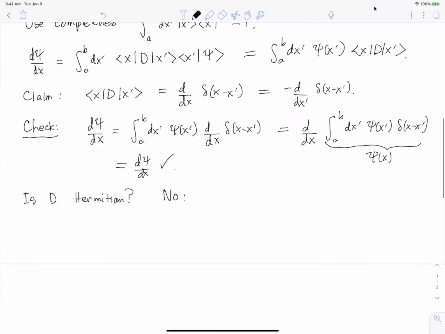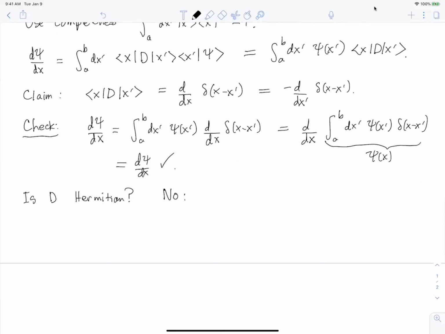To prove that it's no, let's consider the matrix element of D dagger, the Hermitian conjugate. If this were Hermitian, it should be the same thing. This should be the same thing as <x|D|x prime>, but let's see if it is. So this is equal to the complex conjugate of <x prime|D|x>. Notice the strategy here is to relate D dagger to D, and we did that by writing this as a complex conjugate.